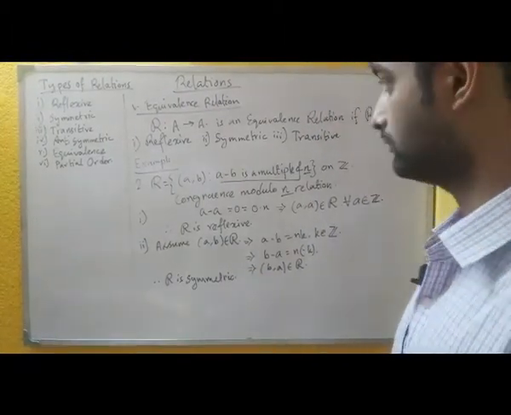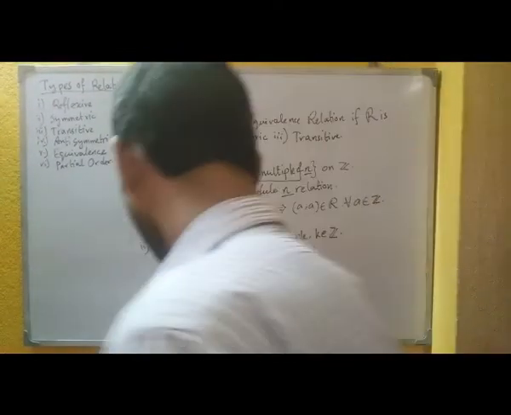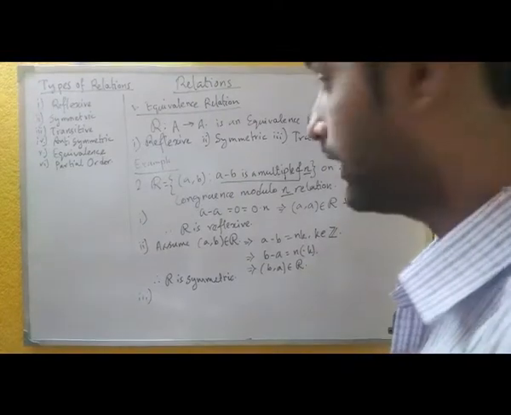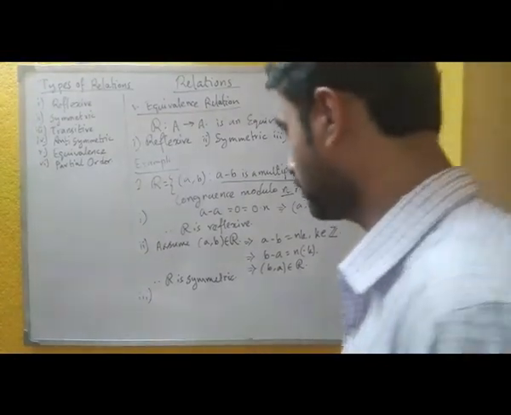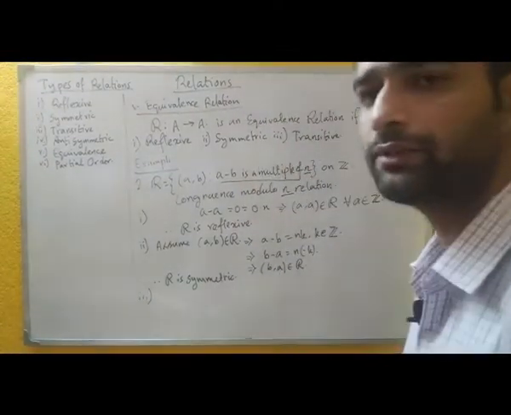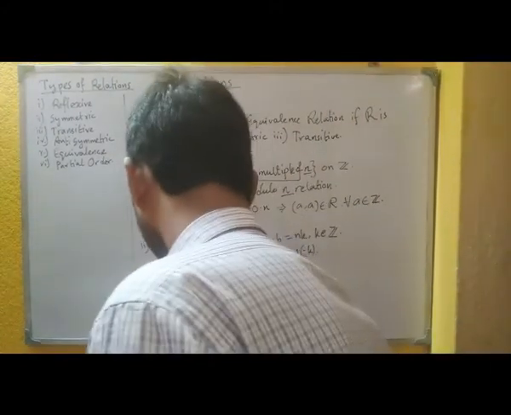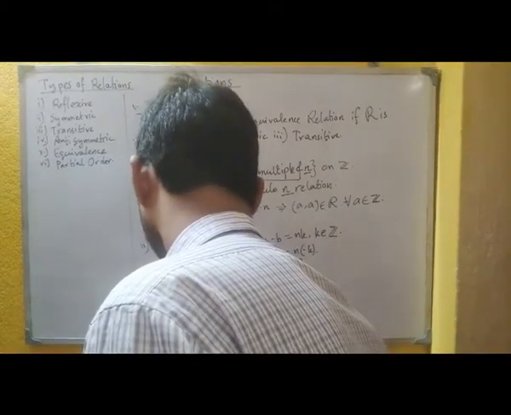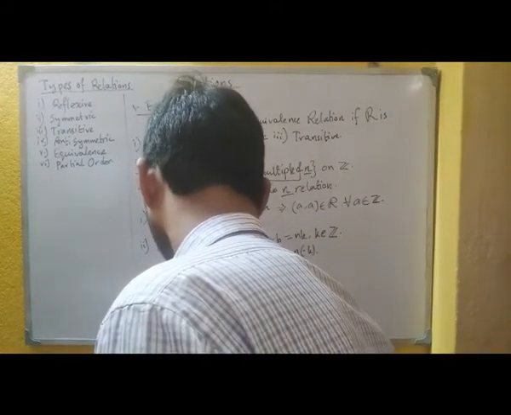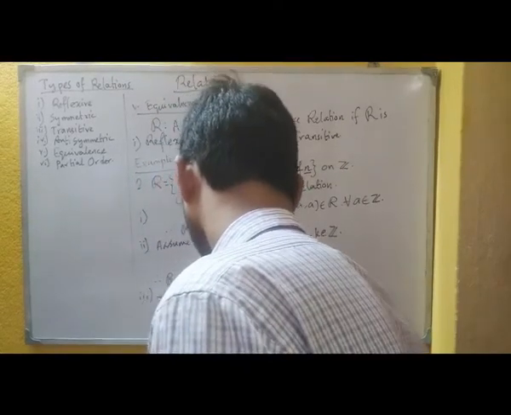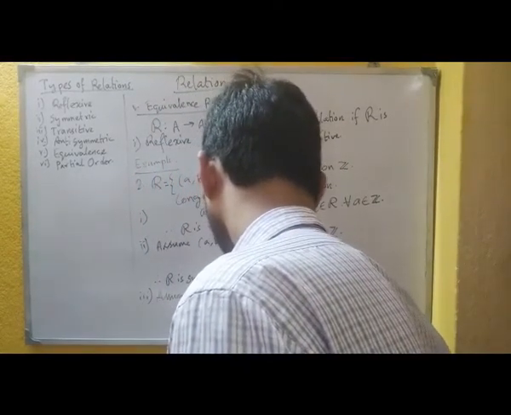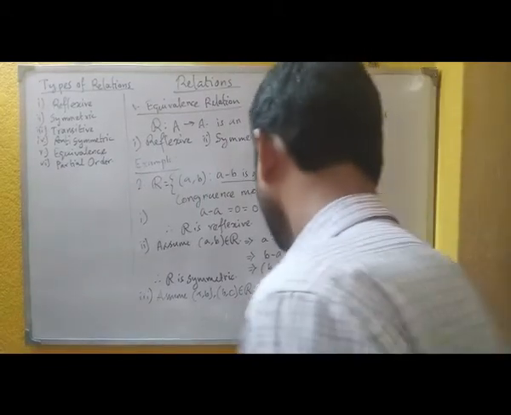So the final condition is transitivity. For that we assume that (a, b) and (b, c) belong to R for any three elements a, b, c.